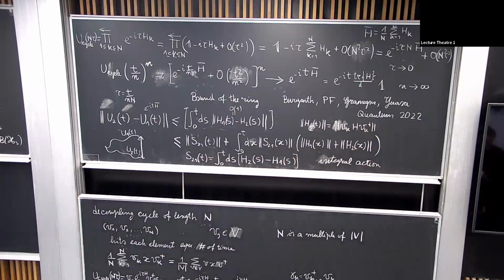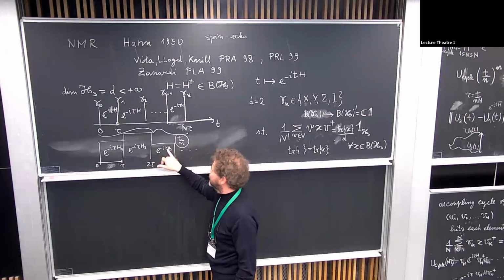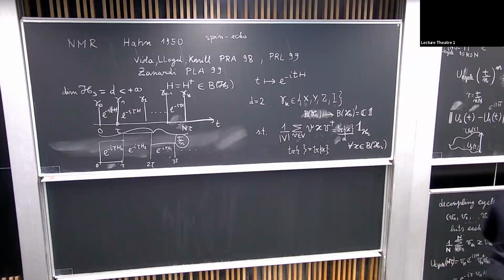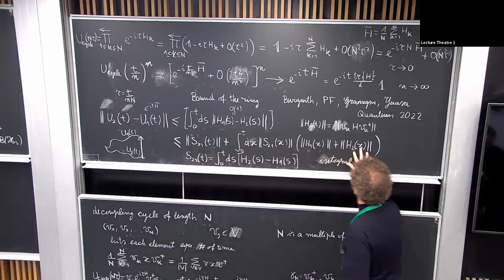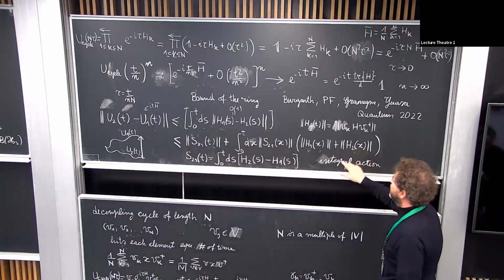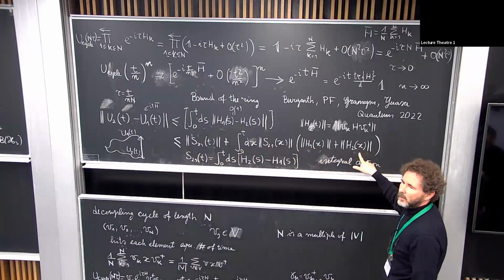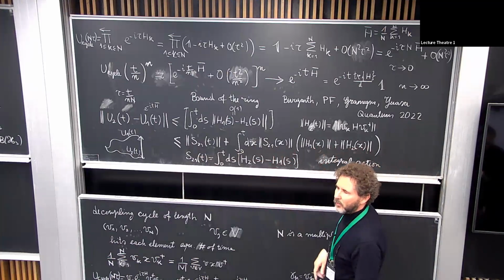For example, looking here, the norm of H3 is equal to the norm of H. This is H, this is H. So essentially, this is 2 times the norm of H. And this goes out of the integral.